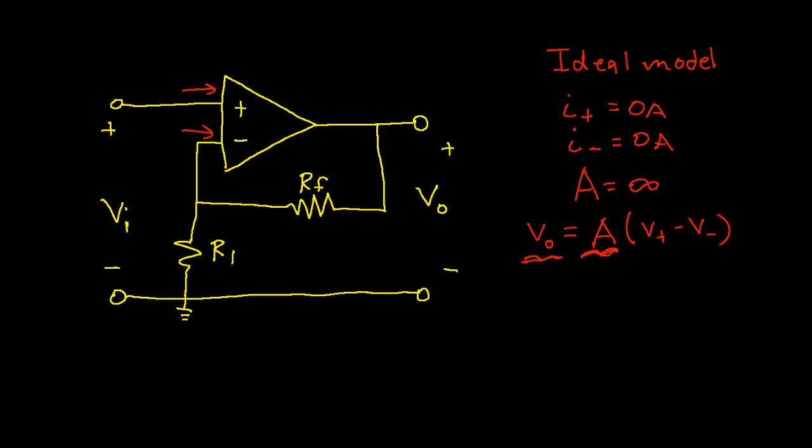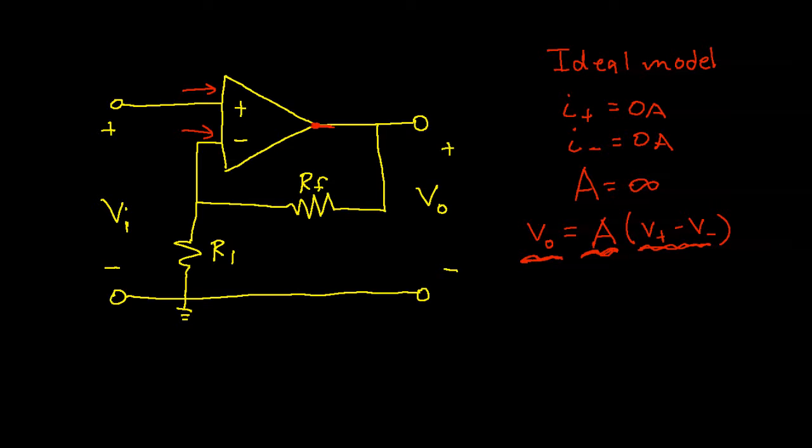Think about it as being very large. Then in order for V0 to be some reasonable number, the difference between these two input voltages has to be very small.